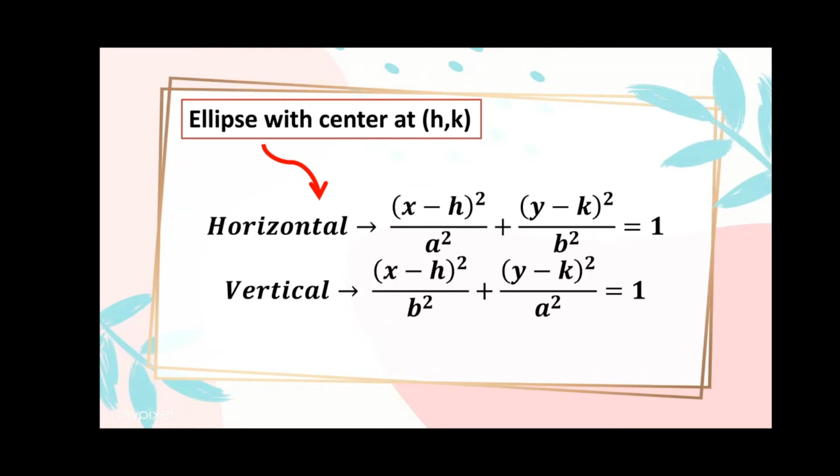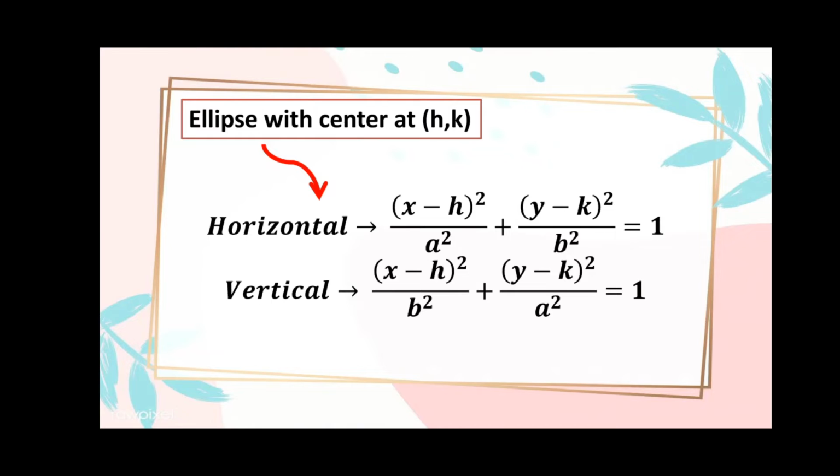So, for horizontal, we have x minus h quantity squared all over a squared plus y minus k quantity squared all over b squared is equal to 1. While for our vertical axis, x minus h quantity squared all over b squared plus y minus k quantity squared all over a squared is equal to 1.